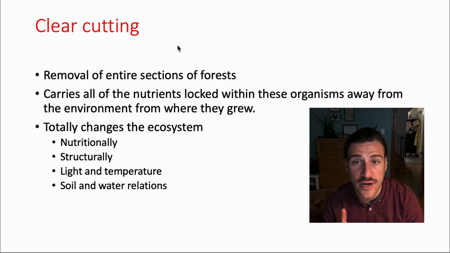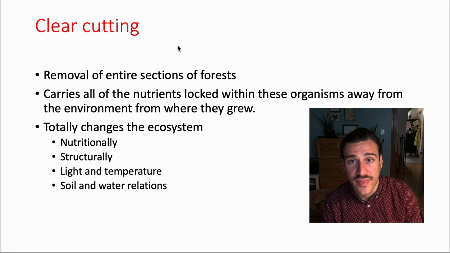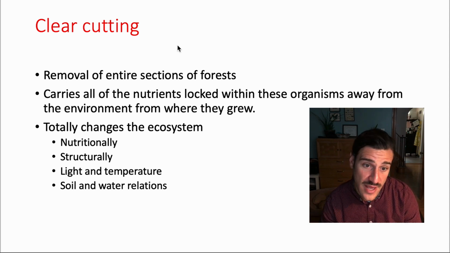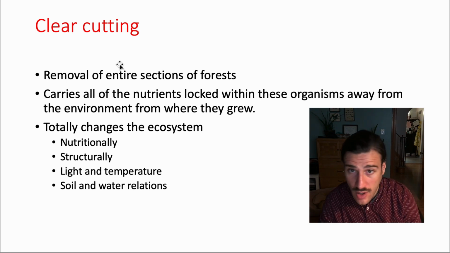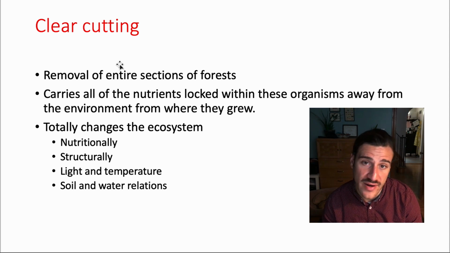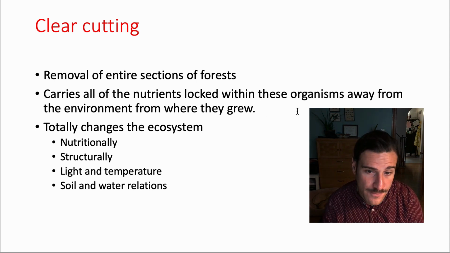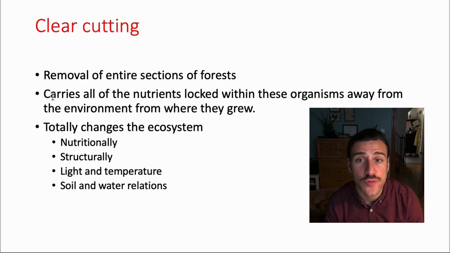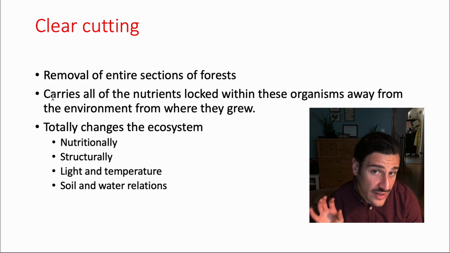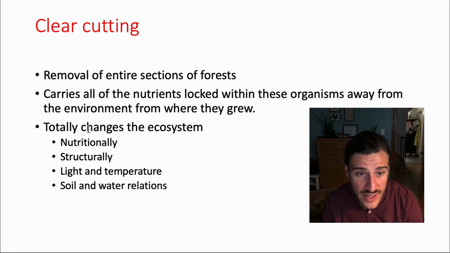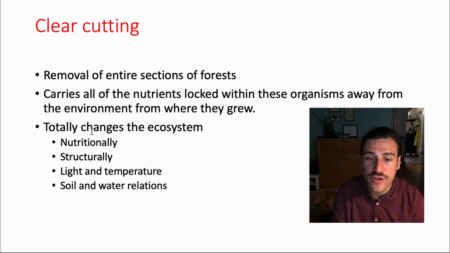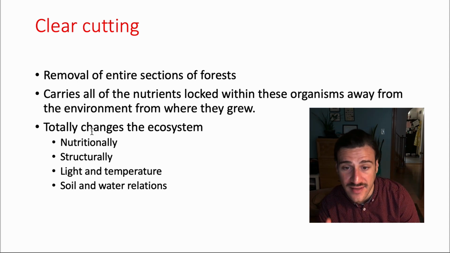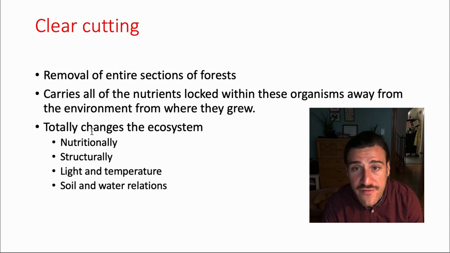These cookie cutter, geometrical shapes are where the forest has been removed through cutting all and every organism in a certain area. So very interestingly enough, as you remove the debris from an area through clear cutting, you also carry all the nutrients that have been locked up in these organisms away from the environment from which they grew.